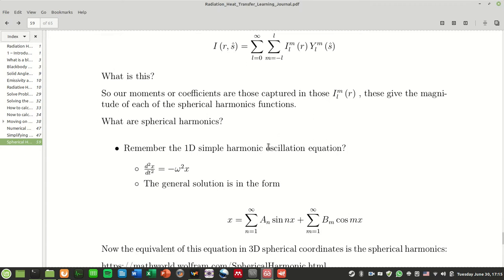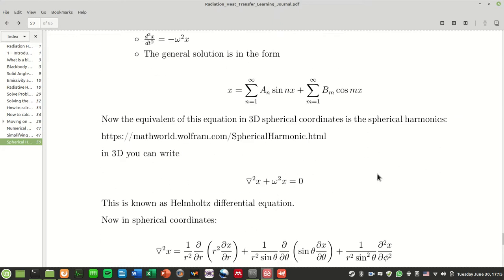Analogous to the spherical harmonics, the an and bm actually correspond to this ilm in front, and then the sines and the cosines actually correspond to this ylm, the spherical harmonics in 3D. If you're not sure what this ylm is, the simple way to think of it is the sine and cosine waves in 3D. So that's what we are dealing with here.